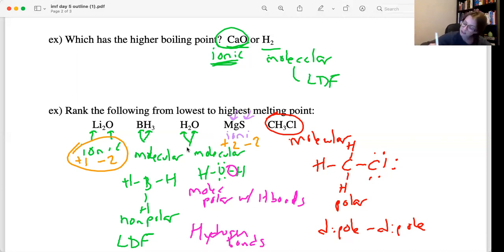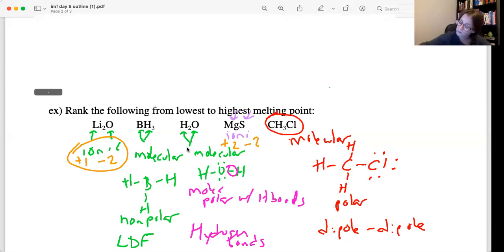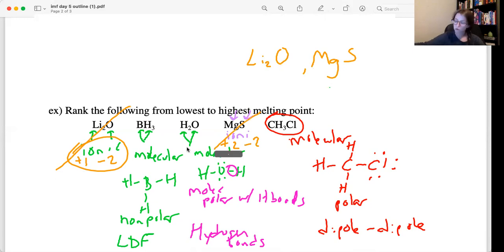Since the MgS has these stronger charges, that is how we know it's the stronger IMF, and that would be the highest melting point, would be MgS. Coming right before that would be my other ionic, lithium oxide. So I've dealt with those 2.